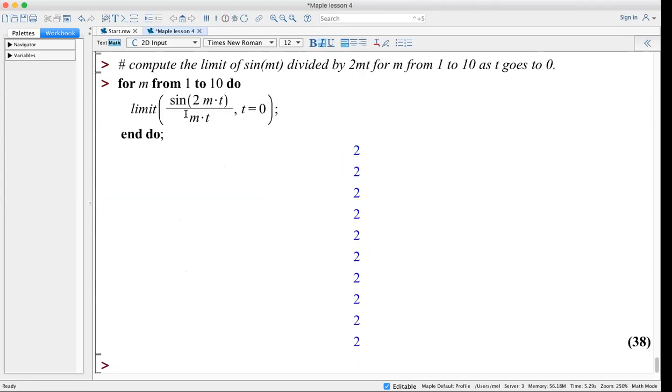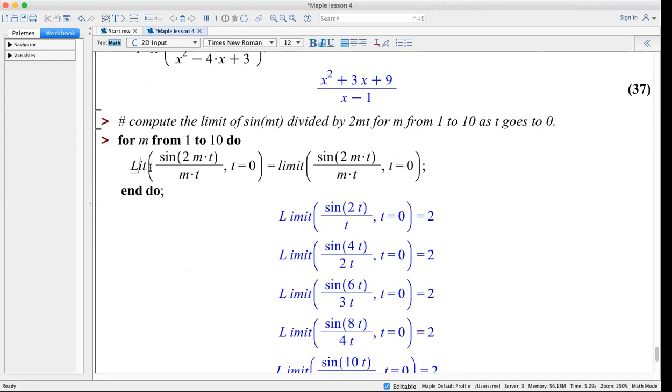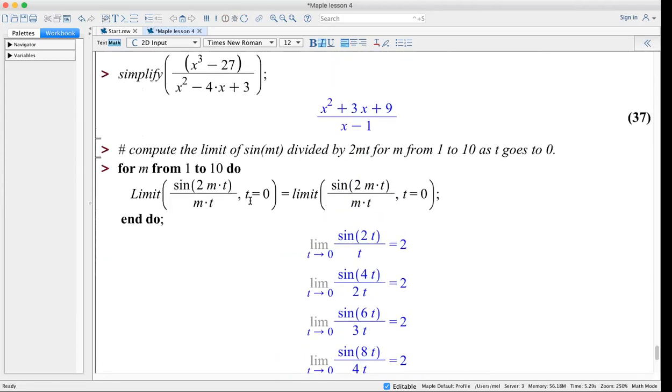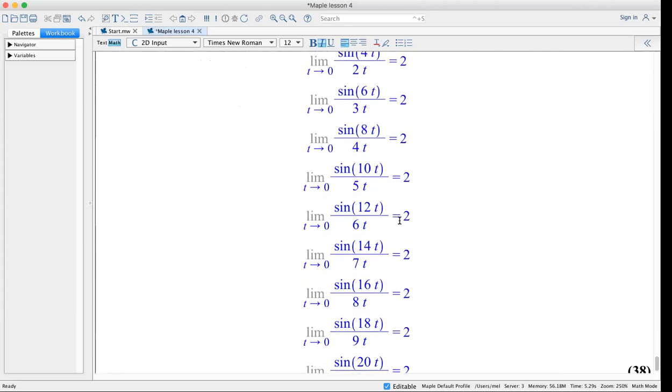Looks like the answer is always 2. Let me write it like this so I see some equations. Here we go. So I have all these limits, and they all turn out to equal 2.